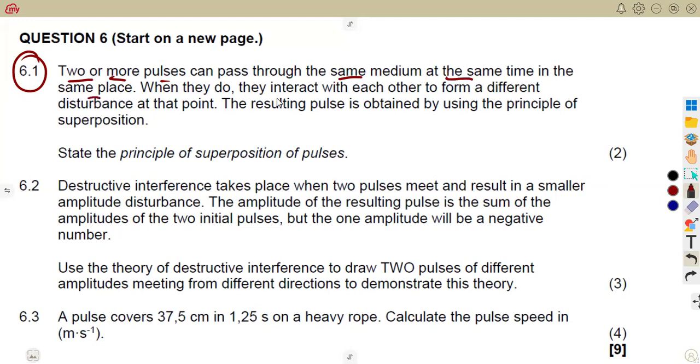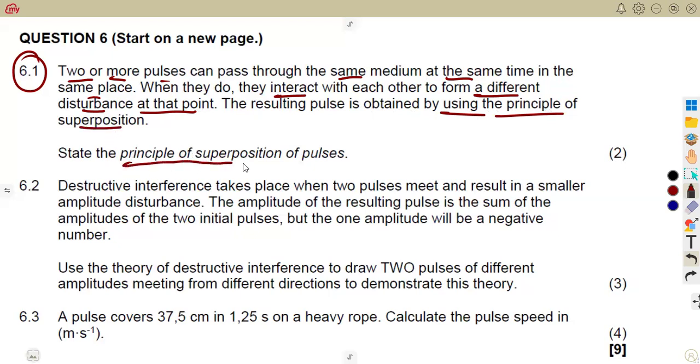When they do, they interact with each other to form a different disturbance at that point, right? Which is very true. That is what we know when a disturbance happens when you're considering a transverse pulse. The resulting pulse is obtained by using the principle of superposition.